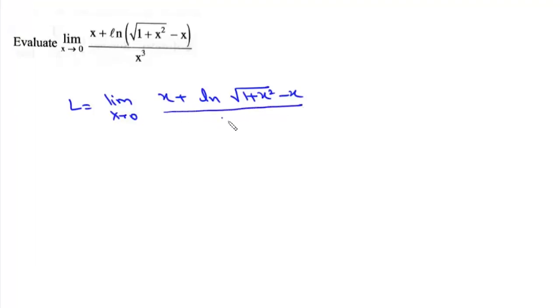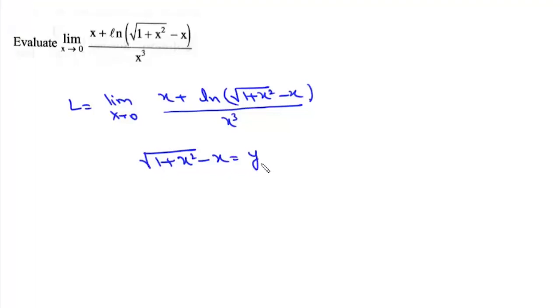Now the question is, we need to find this limit x tends to 0, x plus log of under root of 1 plus x square minus x, whole divided by x cube. Now for this question, what we'll do is we'll take this under root of 1 plus x square minus x as some y.